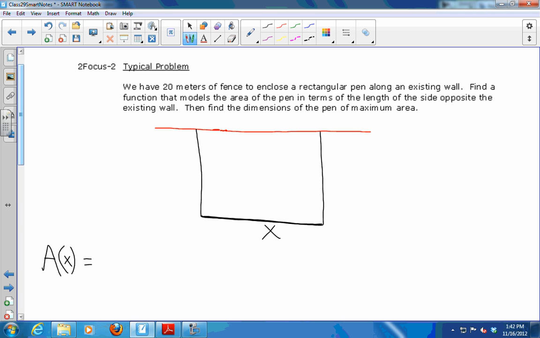All right, so if I have 20 meters of fencing and I've used x of it, how much do I have left? 20 minus x. And I have to build two sides of my pen using it, so I have to divide it in half. So I have (20 minus x) over 2 as the length of each of these remaining two sides.